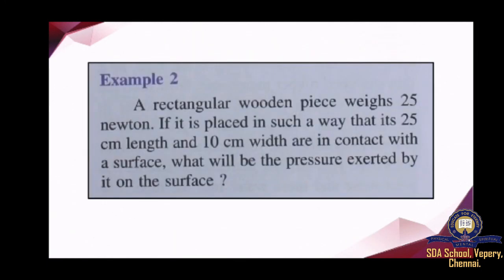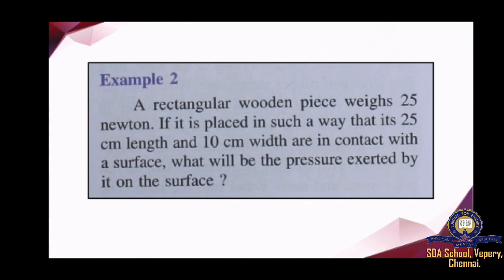Now we will move on to the next one. A rectangular wooden piece weighs 25 Newton. If it is placed in such a way that it is 25 centimeter length and 10 centimeter width in contact with the surface, what will be the pressure exerted by it on the surface?